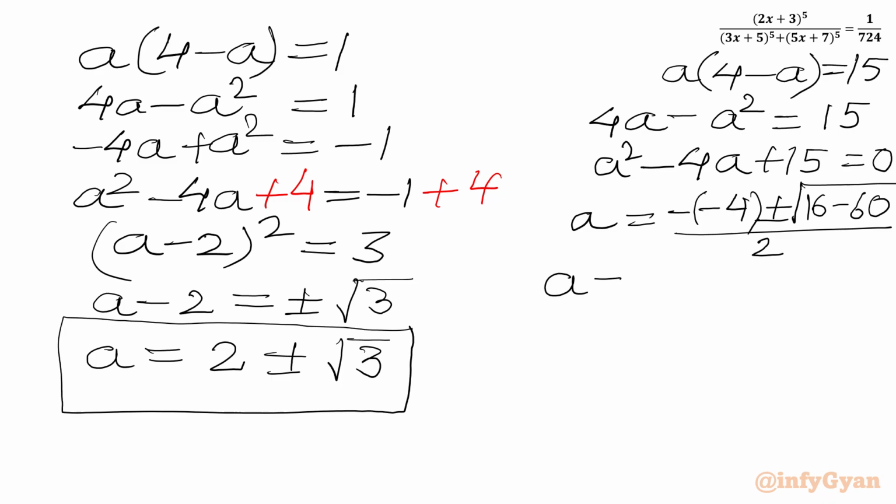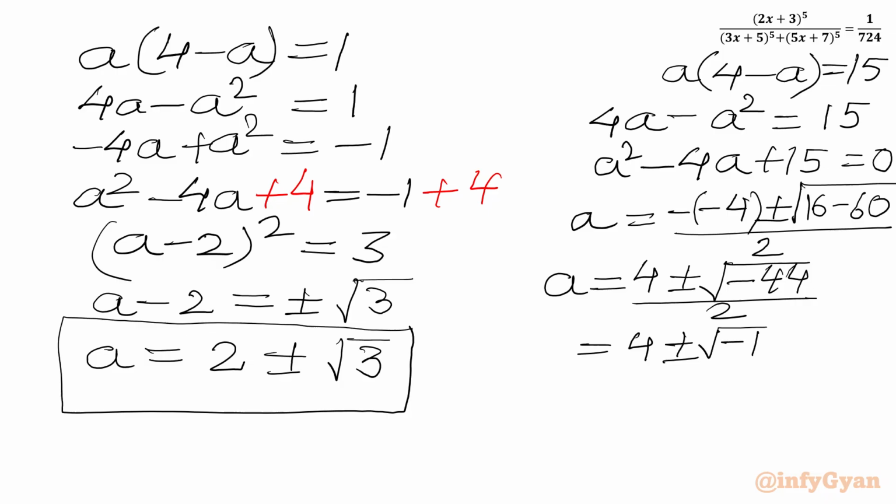This will give us a equal to 4 plus minus the square root of 16 minus 60, which is minus 44, over 2, which will be equal to 4 plus minus the square root of minus 1 times the square root of 44, which we will write as 4 times 11, over 2. Now this 4 will come out from the square root as 2.